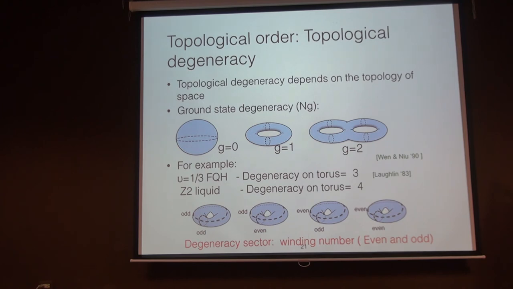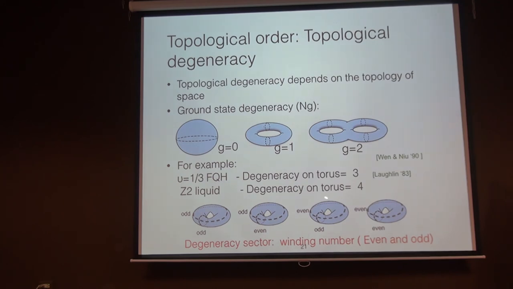One of them is the topological degeneracy, and the topological degeneracy depends on the topology of the space. The ground state degeneracy, the number of ground states, is related to n to the power of g, where g is the genus or the number of handles. For the sphere, g equals 0.